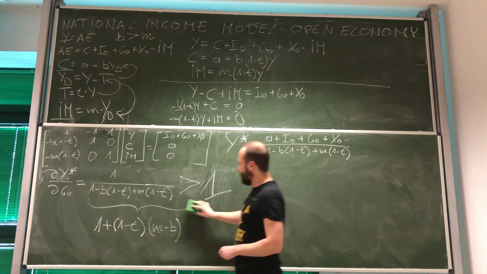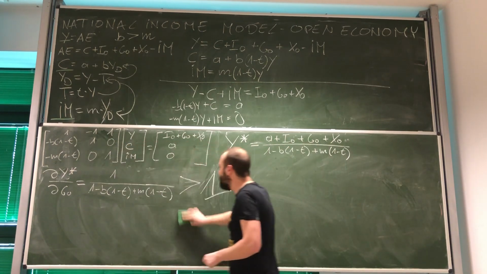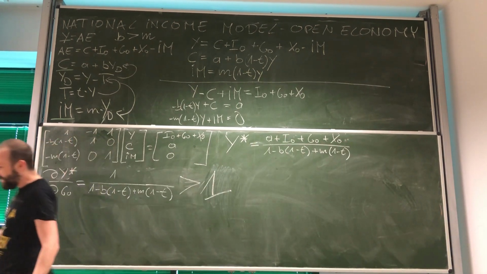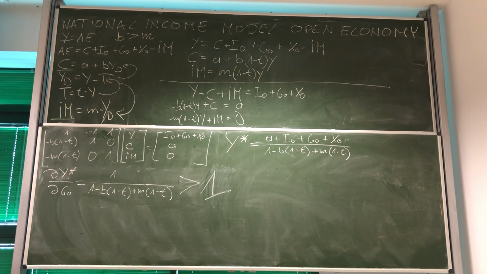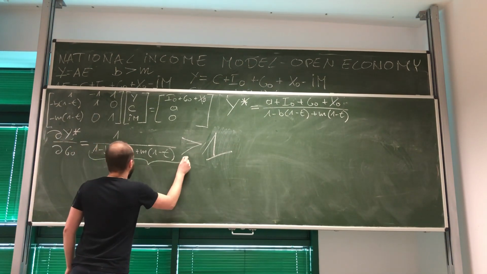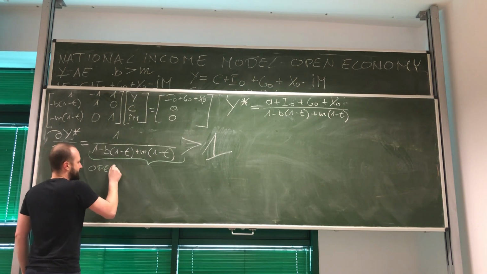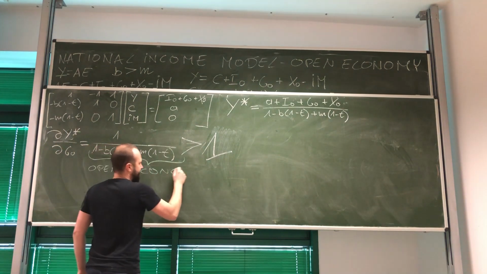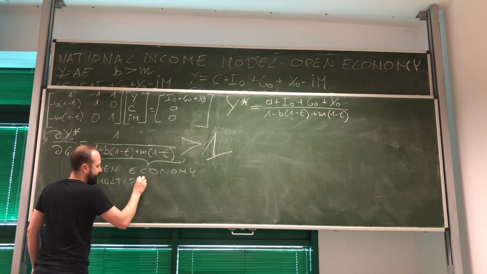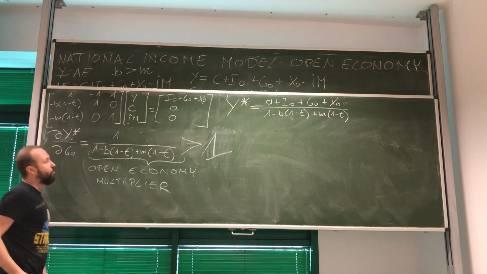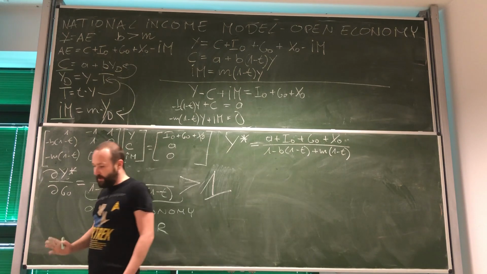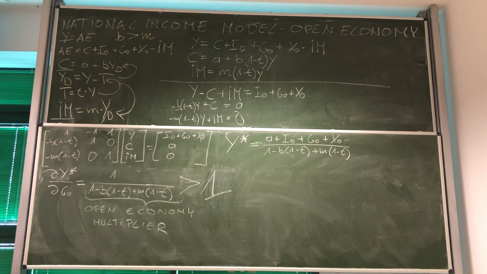And again, this result is a key to understanding how the multiplier process works. Because again, this is a multiplier. Let's call it open economy multiplier. So what do we know about this open economy multiplier?